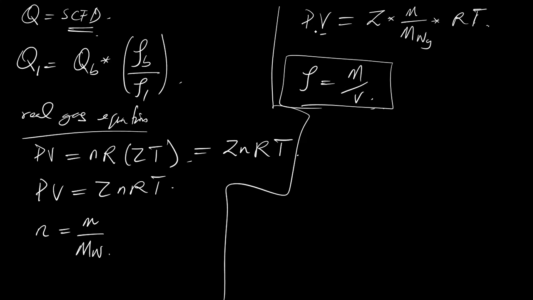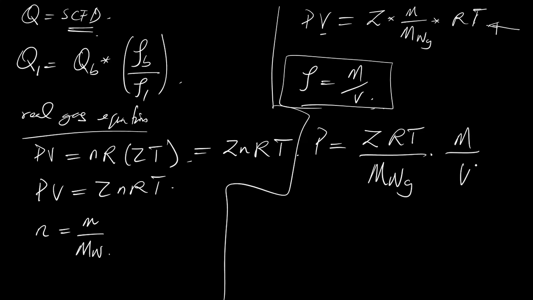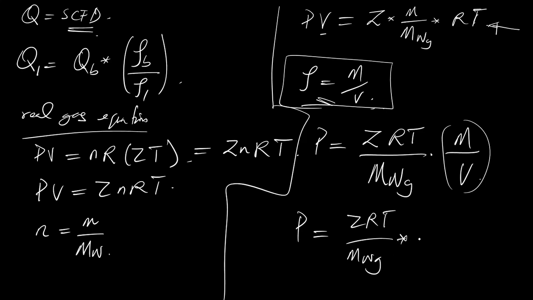From this equation up here, we divide both sides by V. You have P equal to Z RT divided by the molecular weight times mass all over V. So this is the density of the gas. So now we have pressure equal to ZRT divided by the molecular weight of the gas times density.